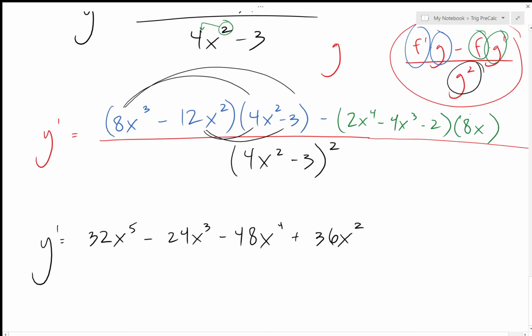Over here, I'm going to take this 8x and distribute it to all of these, but then we got to remember this negative sign here. So negative 16x to the 5th plus 32x to the 4th plus 16x.